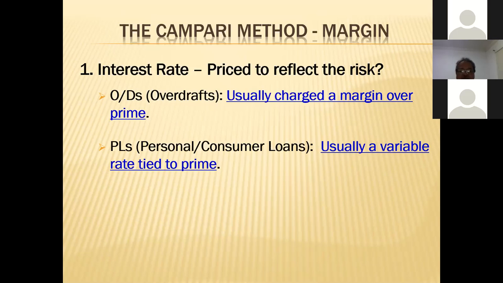Again, it's a variable rate tied to prime, and that variable rate may change from time to time with the personal loan, depending on what happens with the central bank prime. Normally, banks will tie it to prime, which is determined by the central bank.